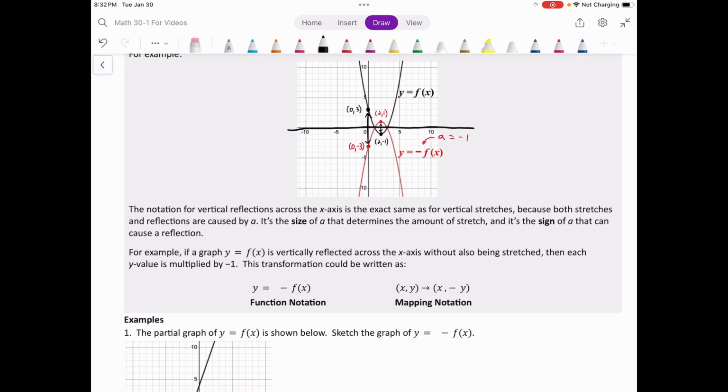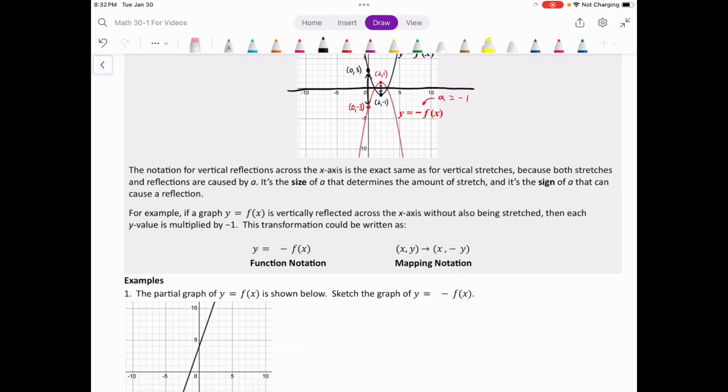So the notation for vertical reflections, there's nothing new to learn here, actually, because it's the exact same as for vertical stretches. And that shouldn't be too surprising because both stretches and reflections, vertical ones anyway, are caused by a. So it's the size of a that determines the amount of stretch, and it's the sign of a, positive versus negative, that can cause a reflection.